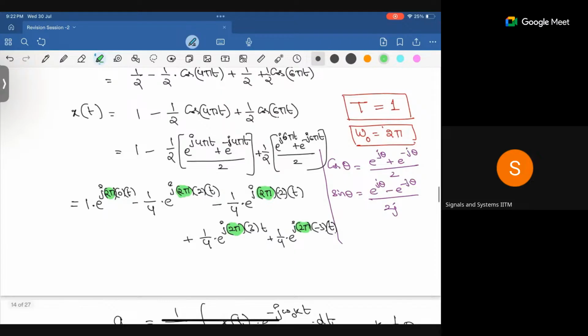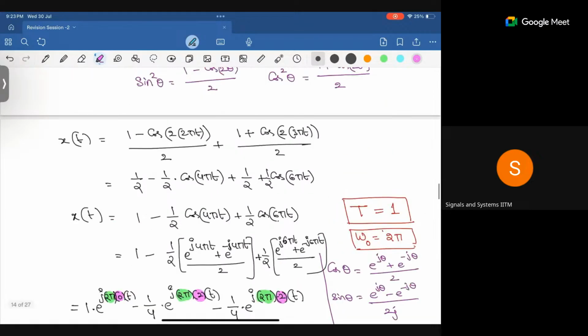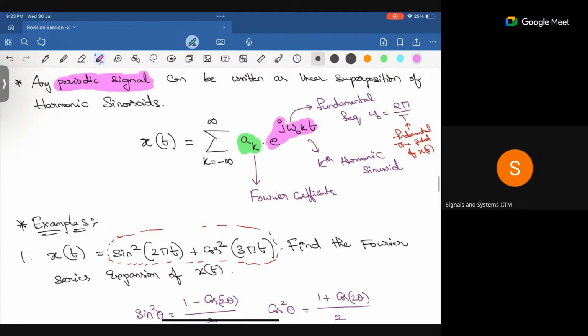The only thing that is changing here is, in the first term we have 0, we have 2 here, we have minus 2, we have 3, minus 3. Right? So if you just scroll up, we have omega naught separated, and the remaining terms are with 0, 2, minus 2, minus 3, 3.